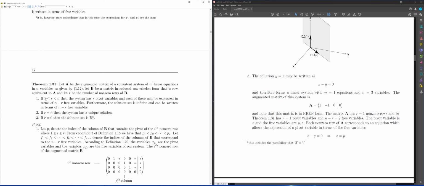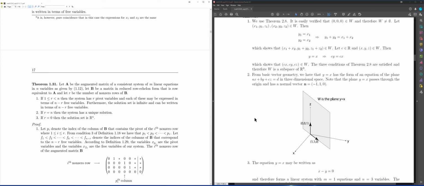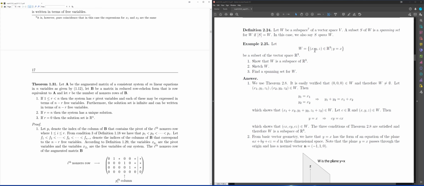In this case, it's a consistent system. We checked that already. And you're in the case where R, which is equal to 1, is less than the number of variables. Remember, it's three variables here, x, y, and z.